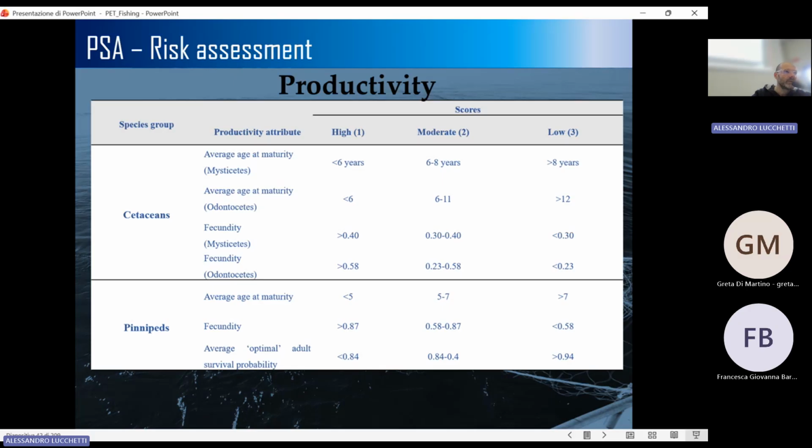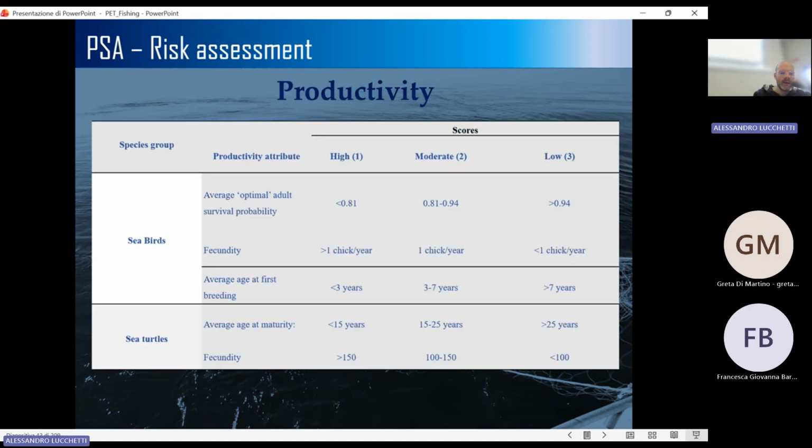Same story, but with different levels, because the cetacean pinnipeds are different from elasmobranchs, etc. But the approach is the same, the scoring for the different attributes from 1 to 3. And the same for seabirds and sea turtles.